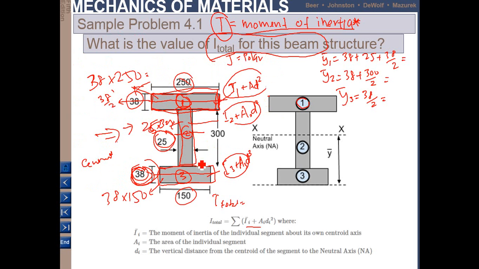So the section centroid is probably around here.